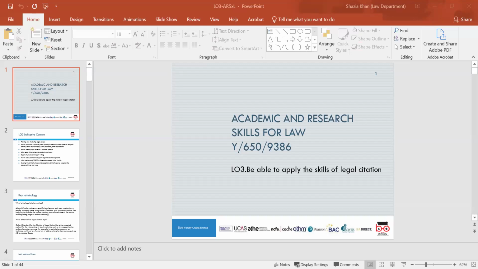We've also looked at identifying supporting material inside a statute, things like the preamble or purpose section, explanatory notes, schedules, interpretation section, commencement section, and transitional provisions. We've looked at issues and problems the statute was designed to address, such as the Equality Act, Health and Safety Act, and Environmental Protection Act.